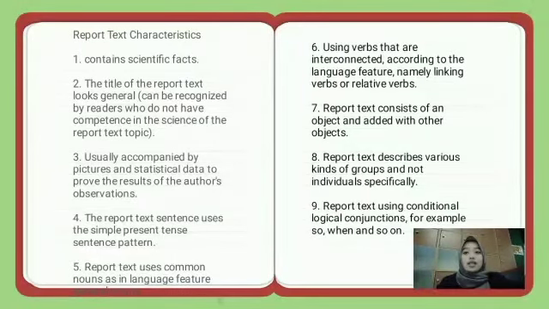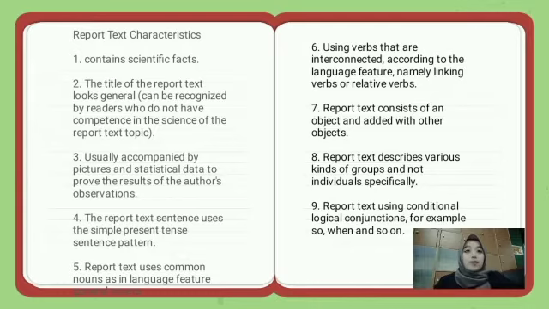Number four, the report text sentences use the simple present tense sentence pattern. Number five, report text uses common nouns as in the language feature, general nouns. Number six, using verbs that connect according to the language feature, namely linking verbs or relating verbs.